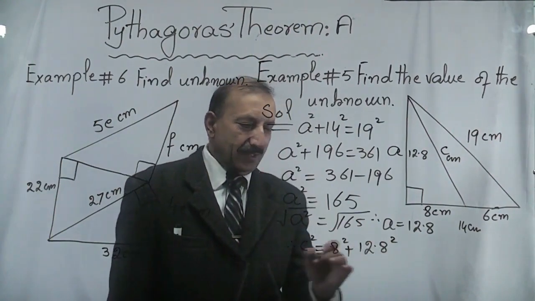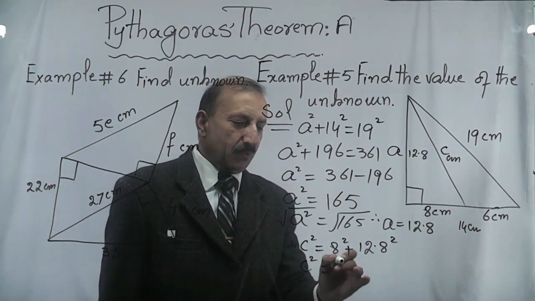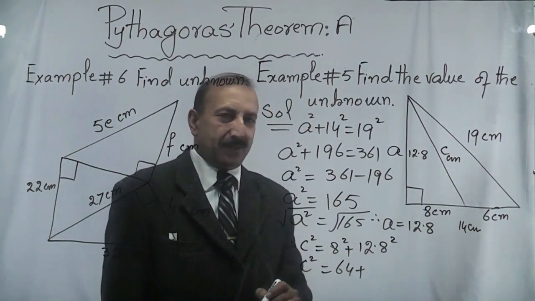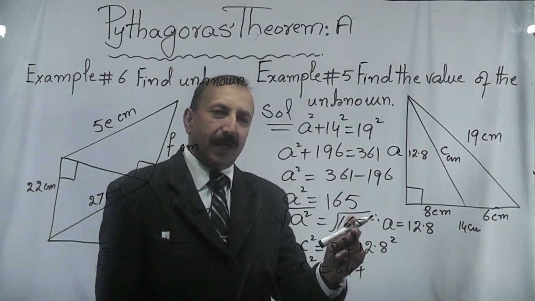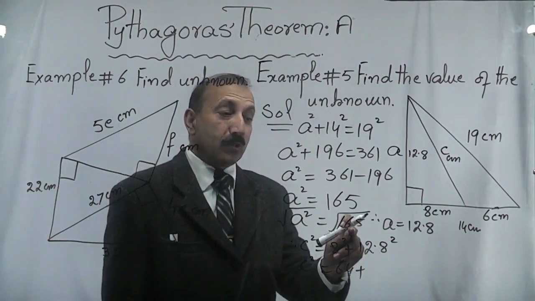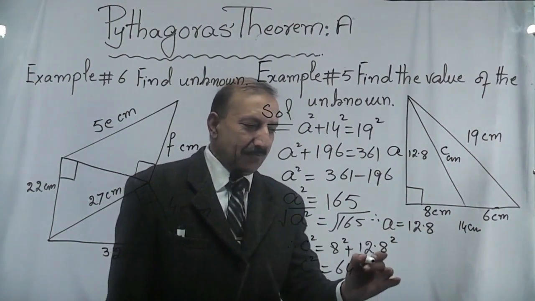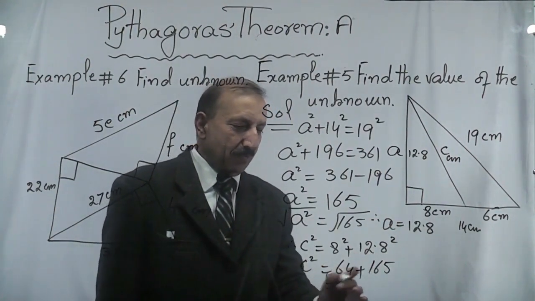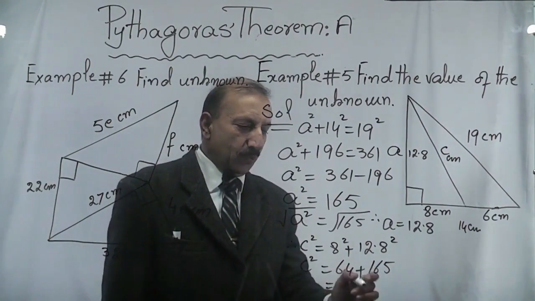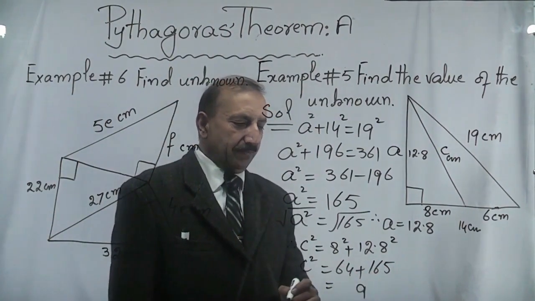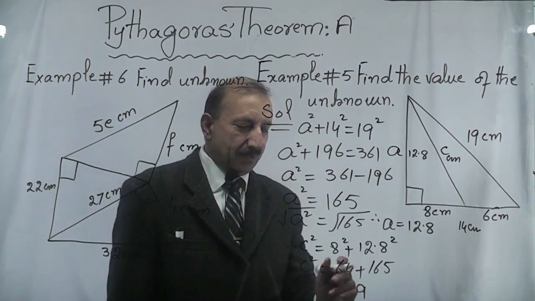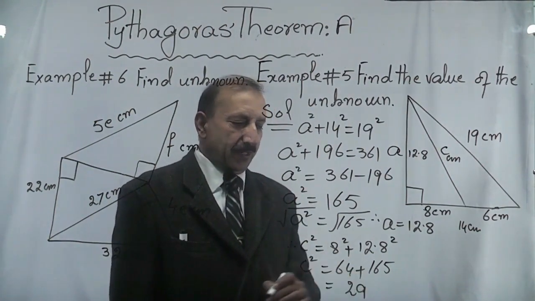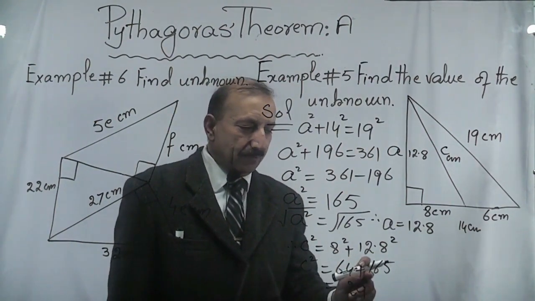Here C square will be equal to 64 plus 165, since 12.8 squared is actually 165, from whose square root we got it. Let's add up these two numbers. 5 plus 4 will become 9. 6 plus 6 will become 12. Carry 1. And 1 plus 1 is 2.